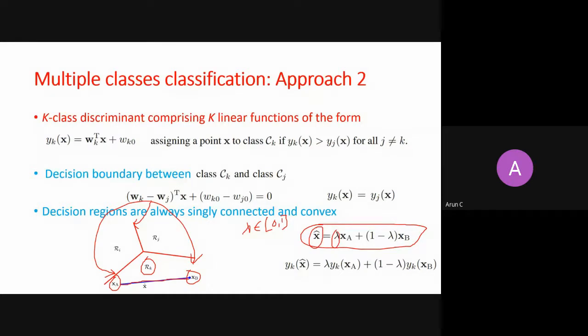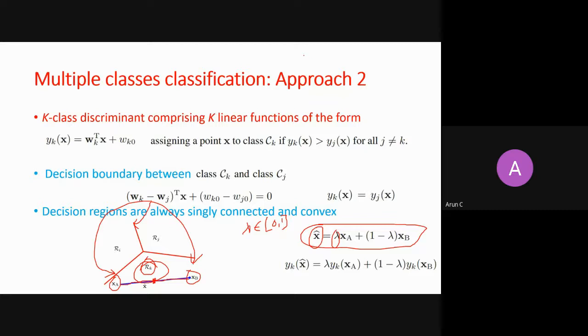If lambda is 0, I am talking about actually xb. If lambda is 1, I am talking about only xa. And if lambda is 0.5, I am talking about just the middle point. So in general, x hat is a point on a line. Because I know my equation of hyperplane, for this region, what should be the equation?